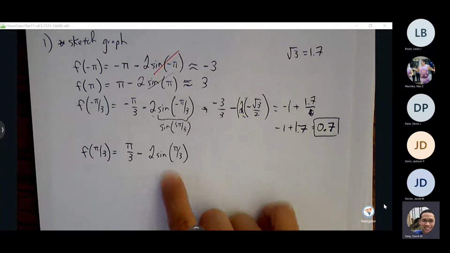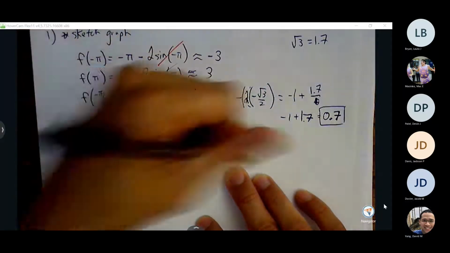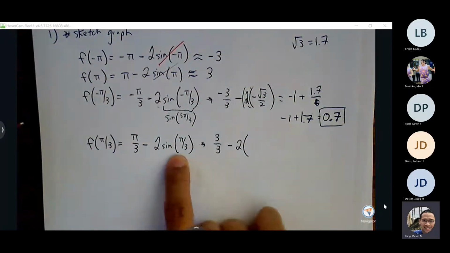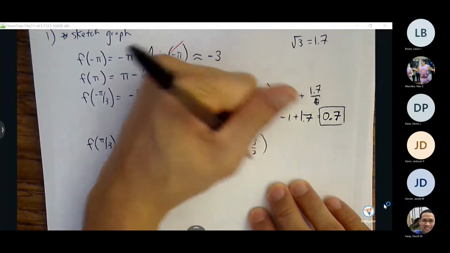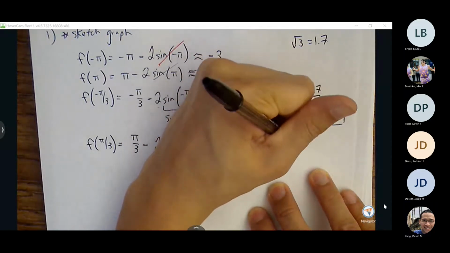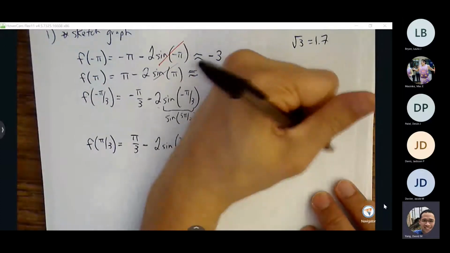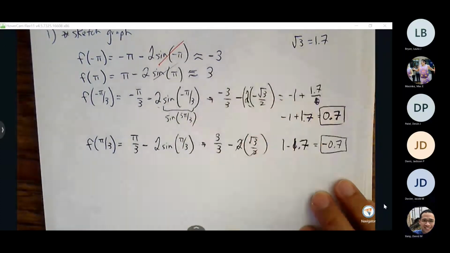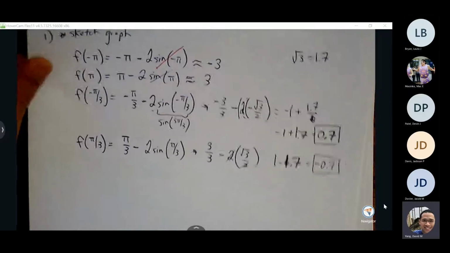Okay, so sine of pi over 3. This time, sine of pi over 3 is going to be in the first quadrant, root 3 over 2. Okay, let's also find the ordered pairs at the point of inflection.